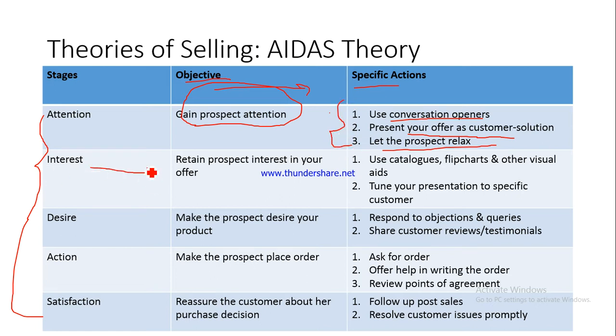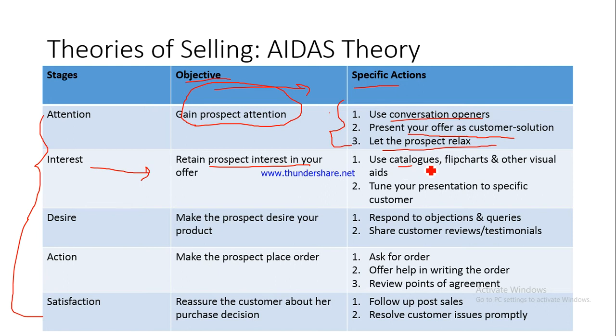In the interest stage, as we have already said, the prospect starts finding your offer interesting. So the objective of the salesperson should be to retain the prospect's interest, to ensure that the prospect remains interested in his offering. Fine. So what are the specific actions that you have to indulge in as a salesperson?